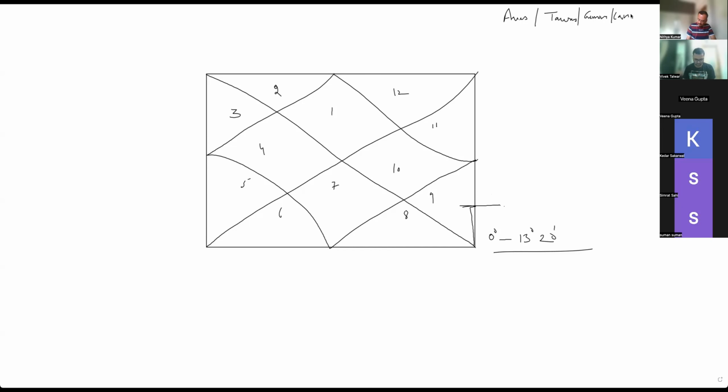These are the padas P1, P2, P3, and P4. The ruling planet based on the Vimshottari Mahadasha system is Ketu, and the overall zodiac sign is associated with Jupiter.